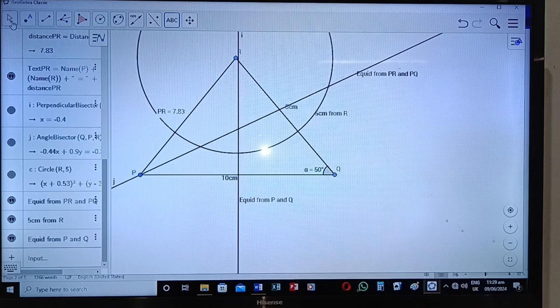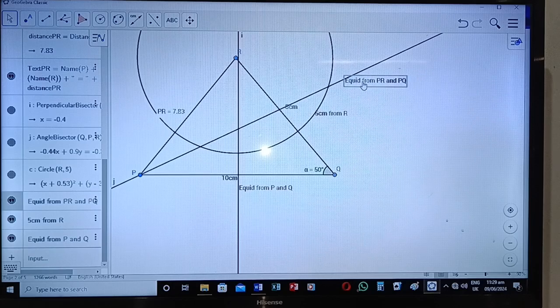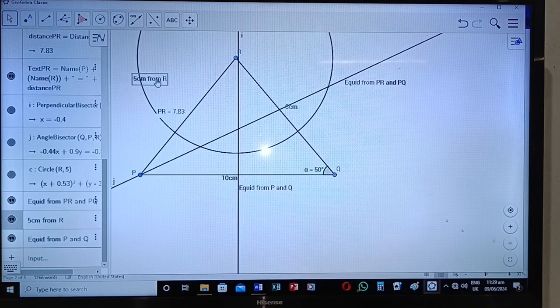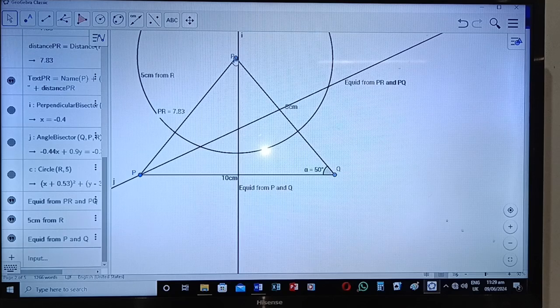If we want to move anything, we can move this one somewhere here, and this can be moved here, and this one can even be moved this side. Okay, our R can be moved there.